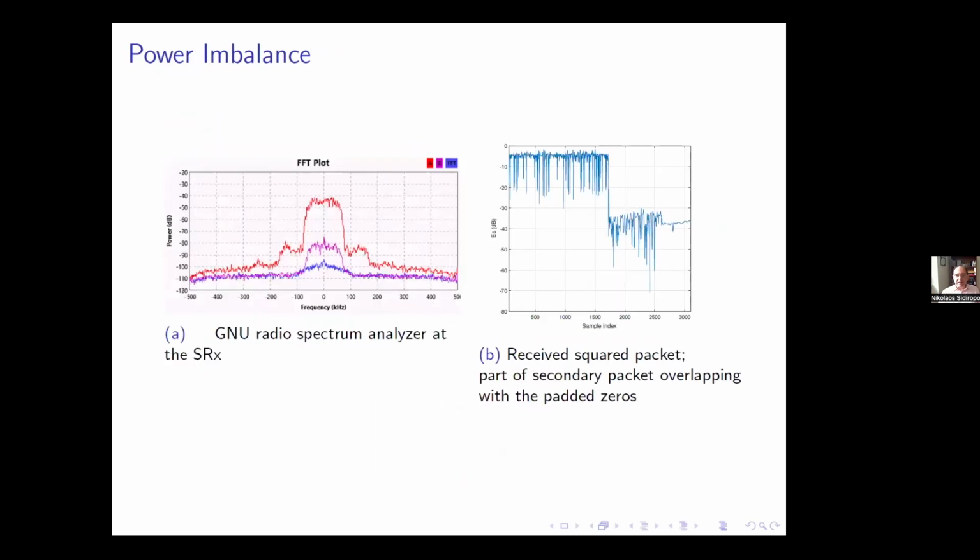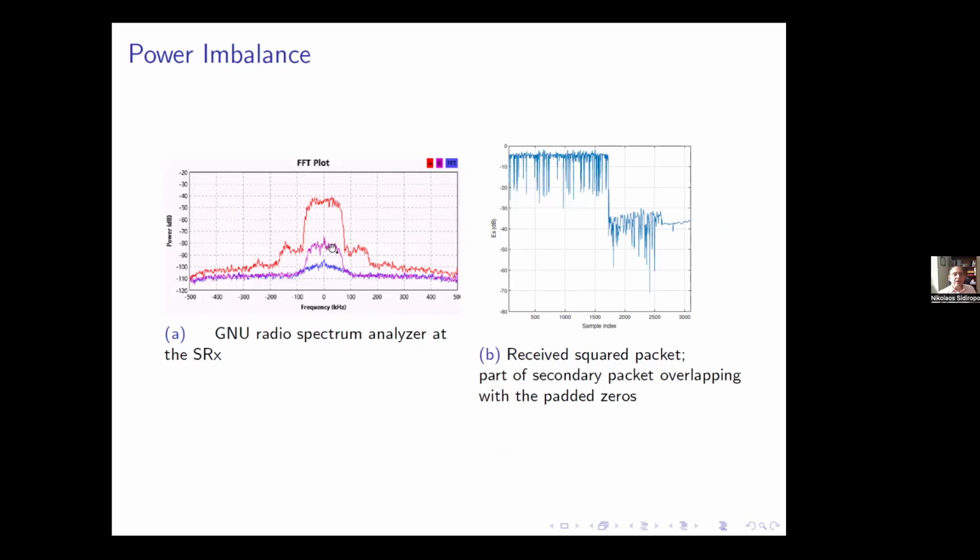Just to give you an idea of the power imbalance between the two links, here is the spectrum. What you see here in the blue line down here is the background noise, AWGN. There is a little bit of leakage in this software radio. That's why you see a little bit more power spectral density in the low frequencies. That's because of the leakage. Above it in purple is the secondary transmission spectrum.